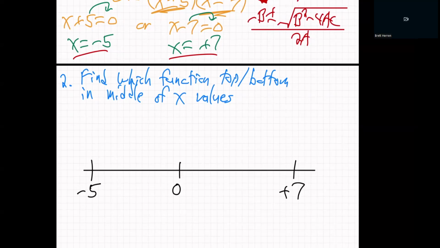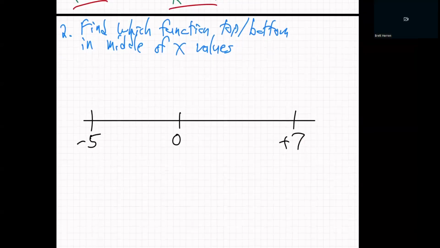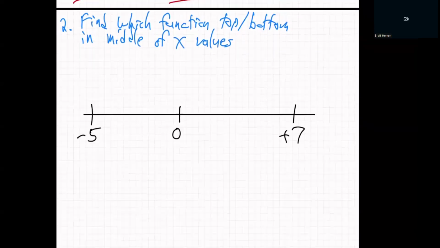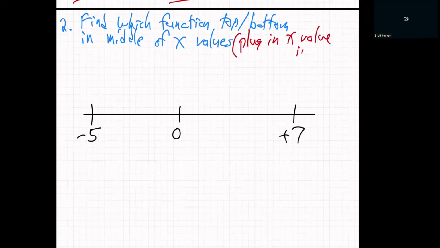Okay, so we know they intersect at negative 5. So which function's on the top or the bottom? Well, to figure that out, plug an x value in the middle into both equations.